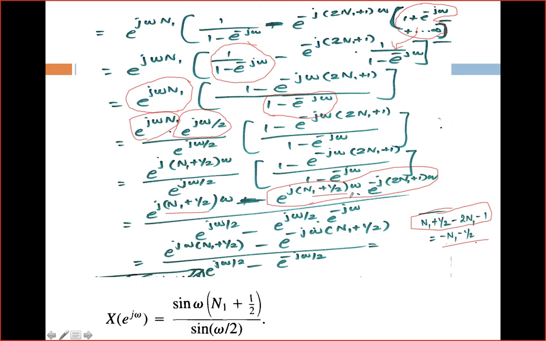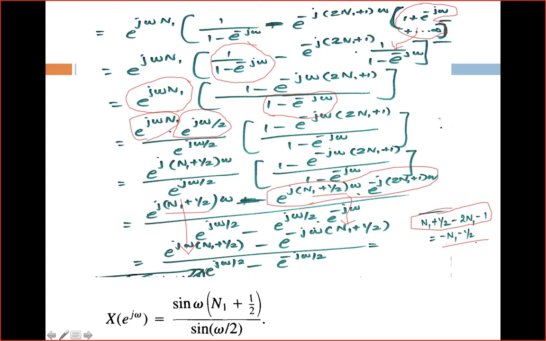When I compare these two things, I will get e power j omega n1 plus 1 by 2 for the first term, with no change, and the second term will be combined to give e power minus j omega (n1 plus 1 by 2), with no change in the denominator part. I have simply multiplied e power j omega by 2 inside this bracket.